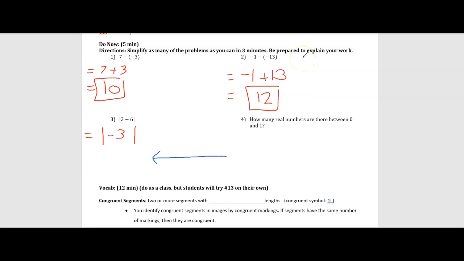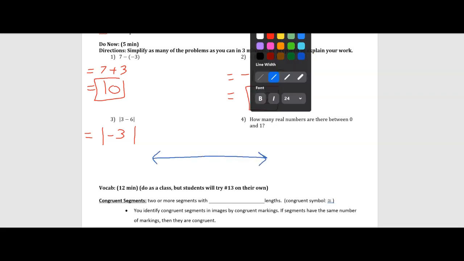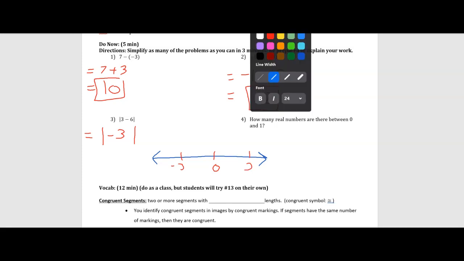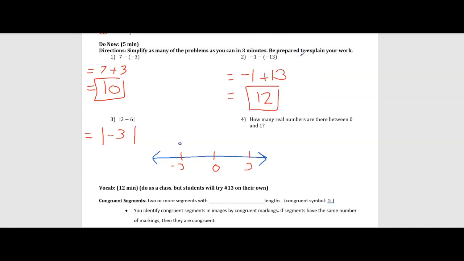If I have a number line and I mark 0 and I mark negative 3 and also positive 3, and I have a point at negative 3, what the absolute value asks us to do is find the distance between negative 3 and 0. And the distance is always going to be positive.